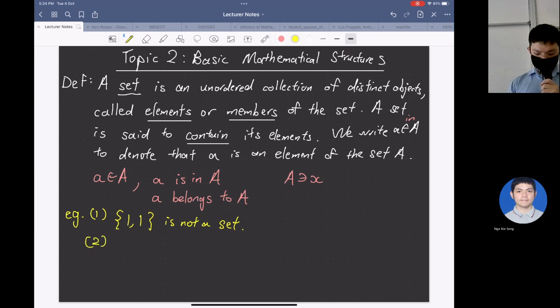Another set is the set of numbers on the clock.